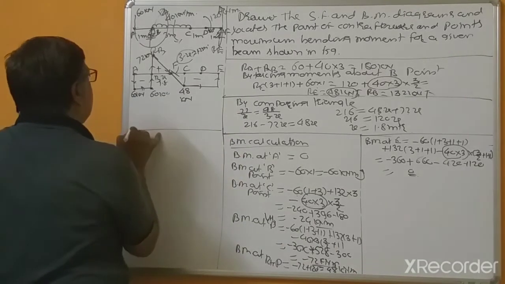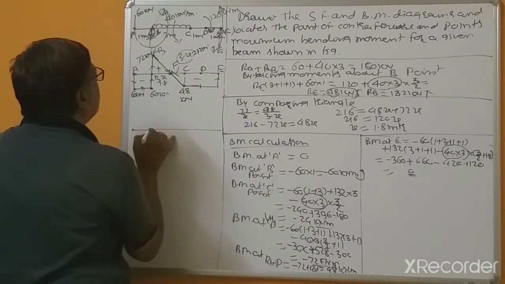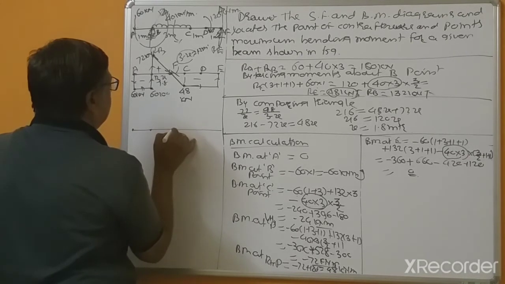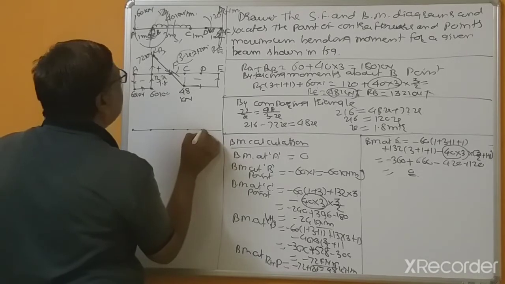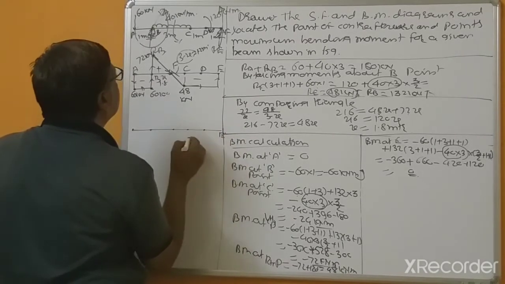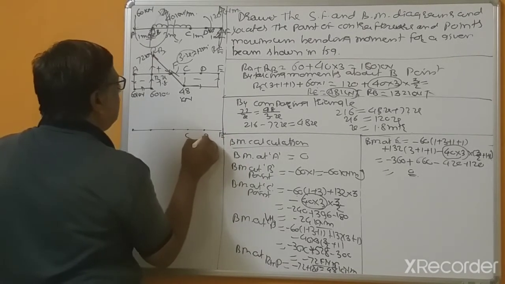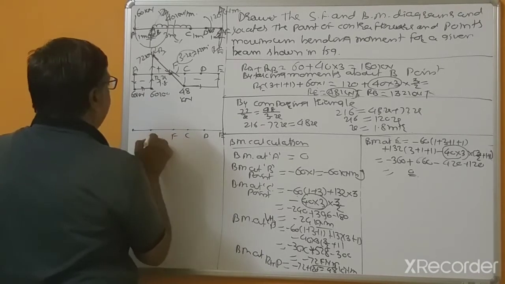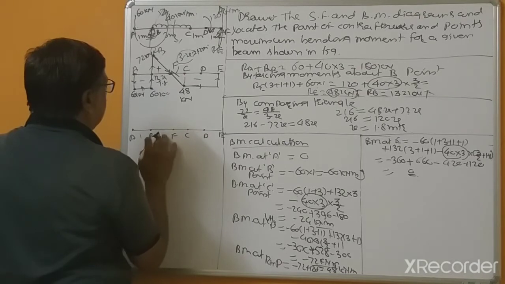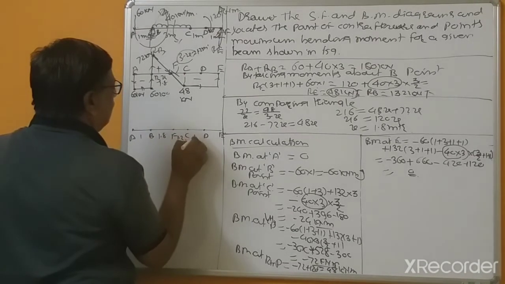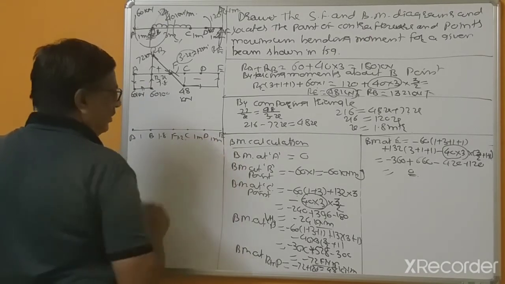So first mark where the maximum bending moment is. C, D, F, B, A: 1 meter, and this is 1.8, 1.2, 1 meter and 1 meter.